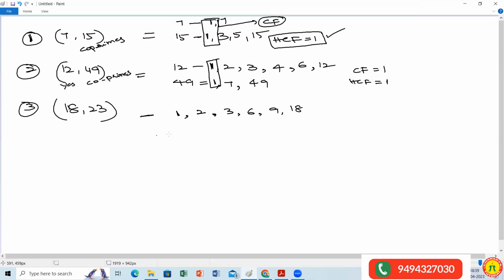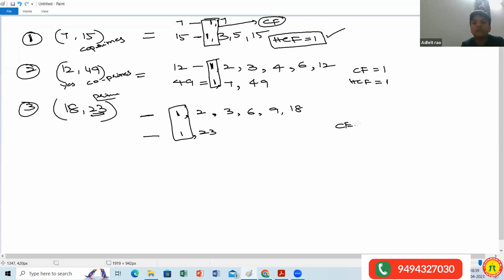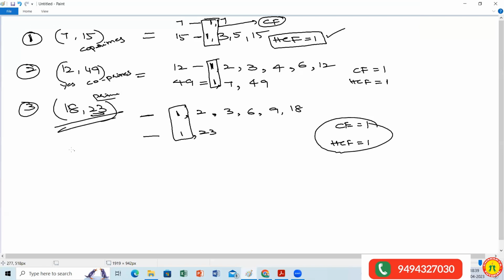Next, for 23: 1 and 23, ma'am, because it is a prime number, there are only two factors, 1 and 23. So 1 is the common factor. What is the common factor, children? 1. What is the highest common factor? 1. So what can we say, is it a co-prime pair or not? Yes, ma'am.